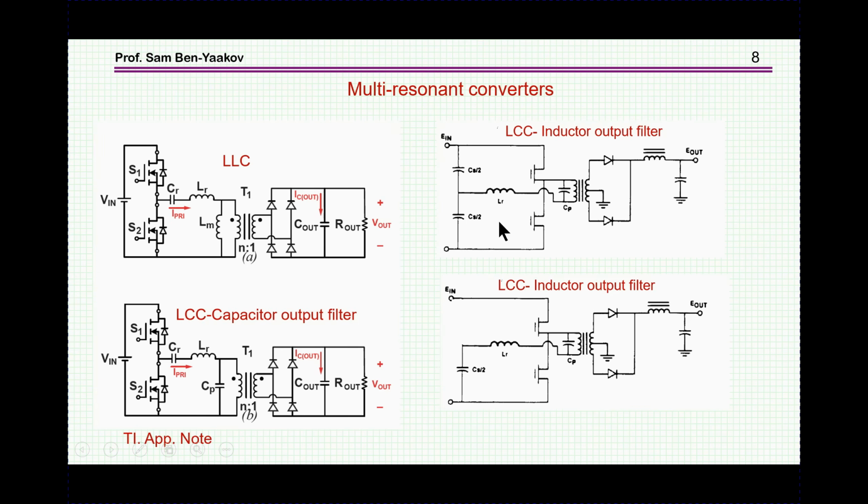Now, the converter I've shown before, which is a parallel resonant converter, shows here two capacitors. These are, again, bulk capacitors. Now, you can operate this converter with one bulk capacitor, as shown here. And the question is, of course, what's the difference between the two? Well, let me just give you a hint. As far as the operation of the converter, there is no difference here.